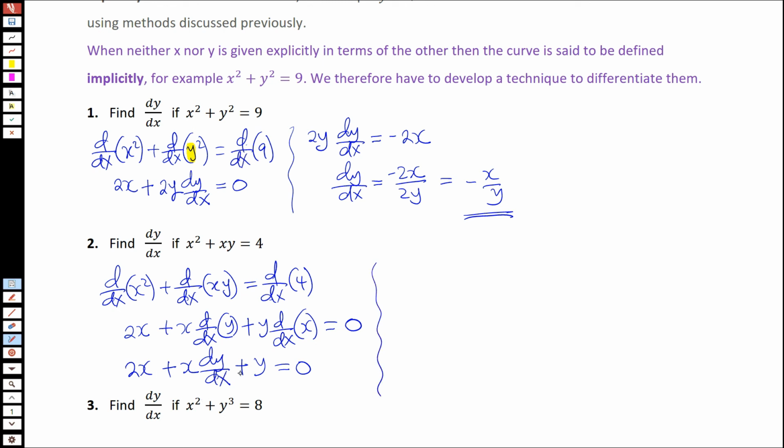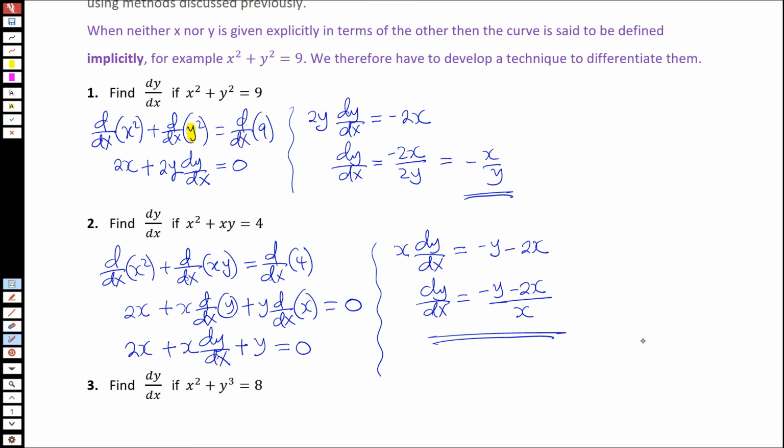And then we rearrange this so that we have dy over dx on one side. So x multiplied by dy over dx will be equal to negative y minus 2x. And therefore dy over dx will be equal to negative y minus 2x over x.